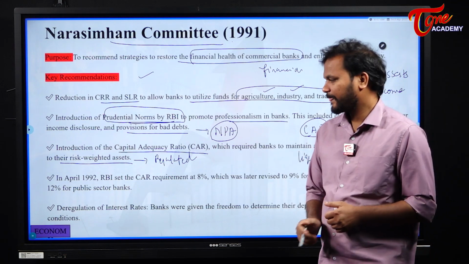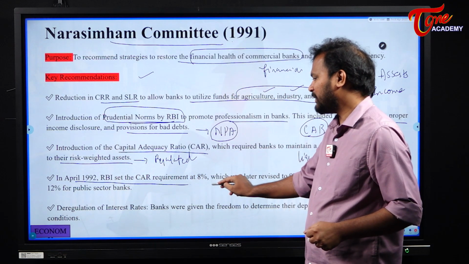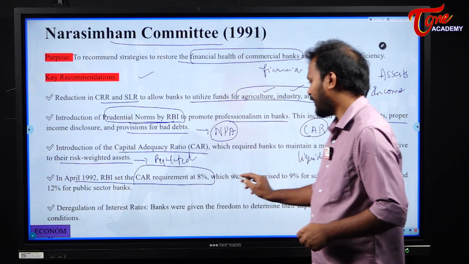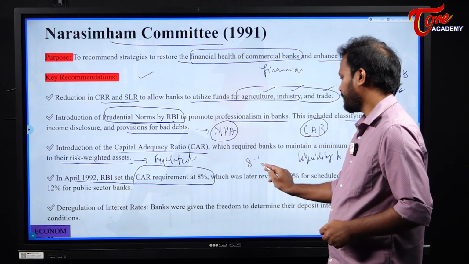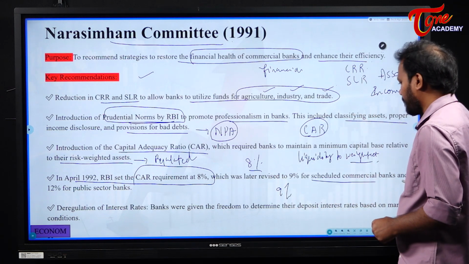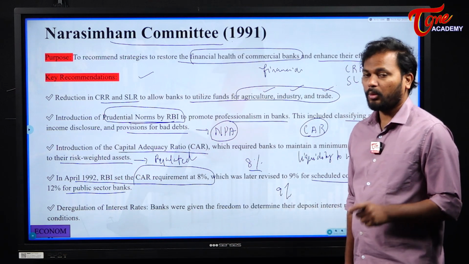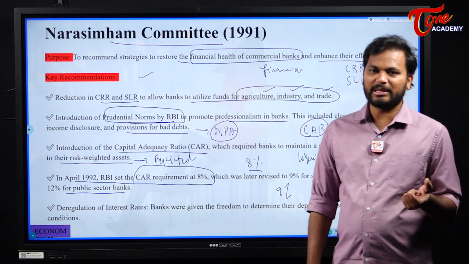Clear? Next. In April 1992, the RBI set the capital adequacy ratio at 8%, which was revised to 9% for scheduled commercial banks and 12% for public sector banks. Why is it 12% for the public sector banks?